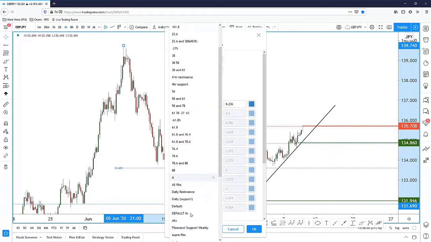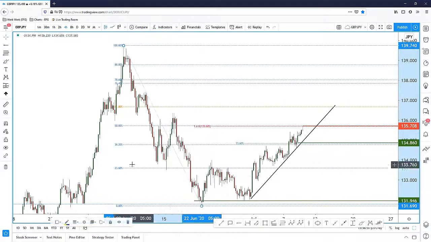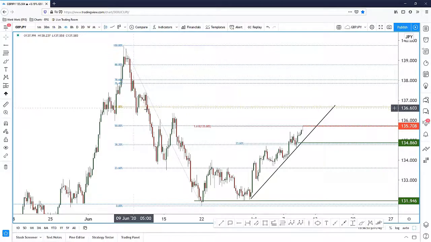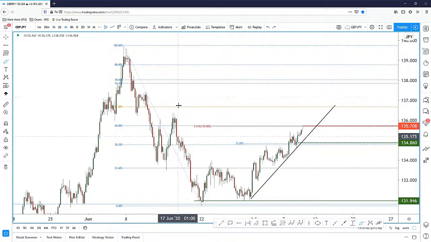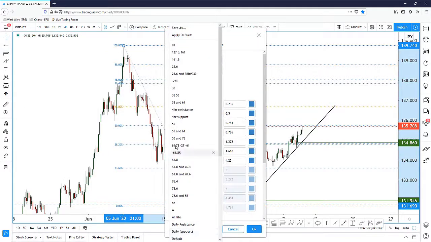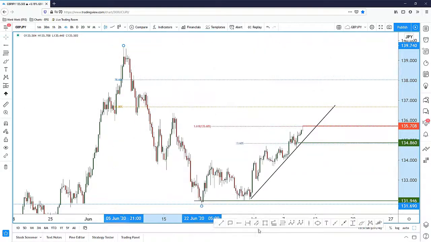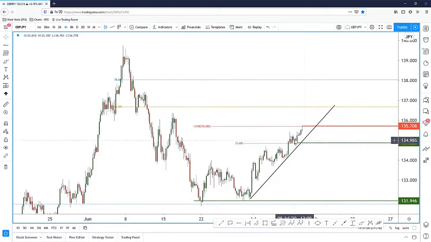We see that the 61.8 is the first level, followed by the 78.6, which is at this graphical level. So we can highlight these two levels, the 61.8 and the 78.6.